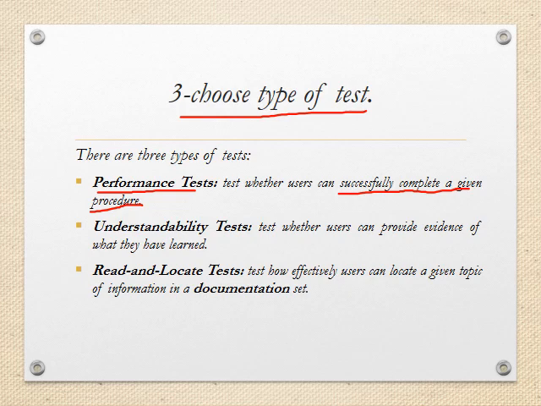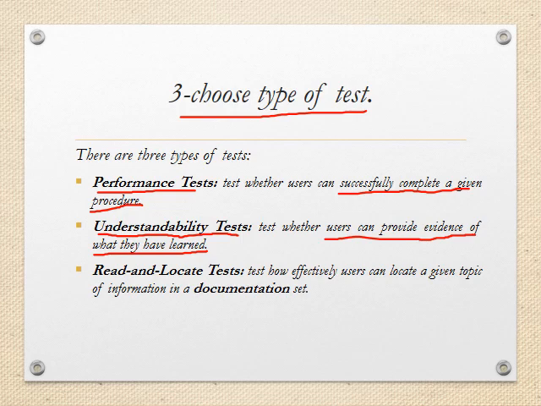The second type of test, understandability tests. Tests whether users can provide evidence of what they have learned. This we call the can-they-understand-it test. In this test, it's not enough to learn a procedure.